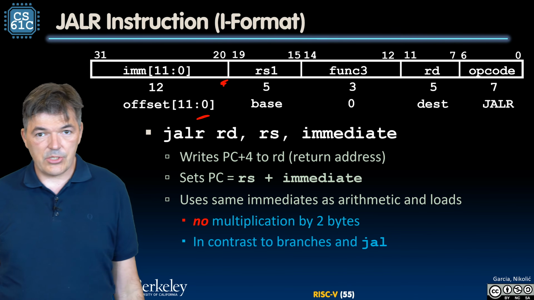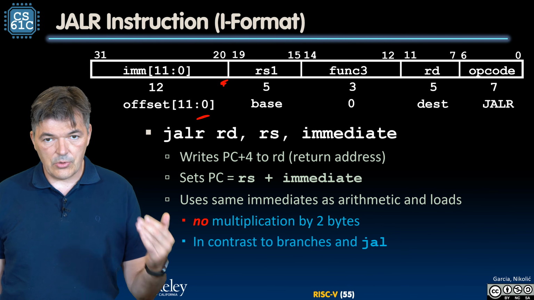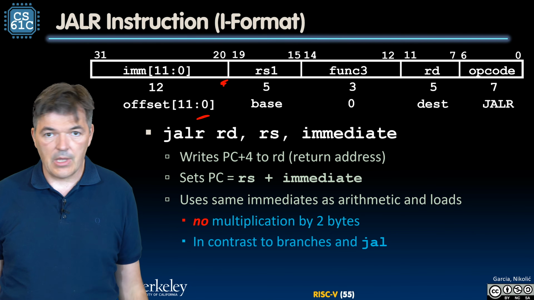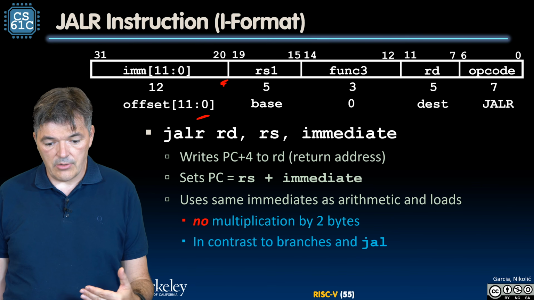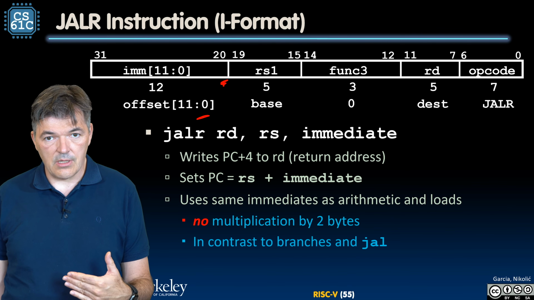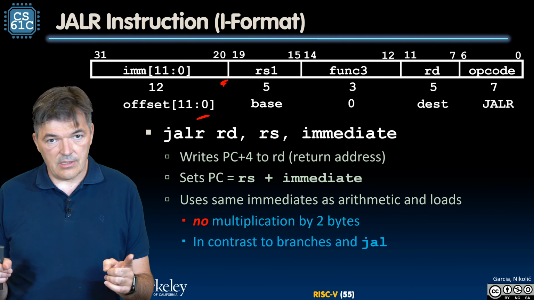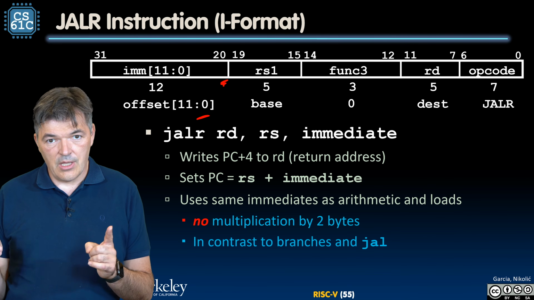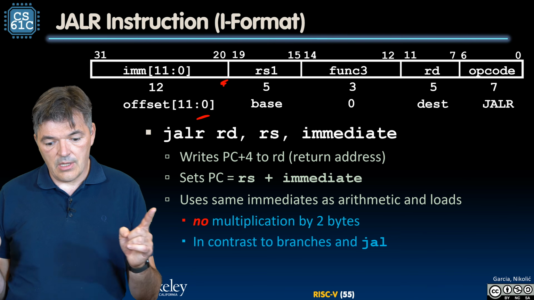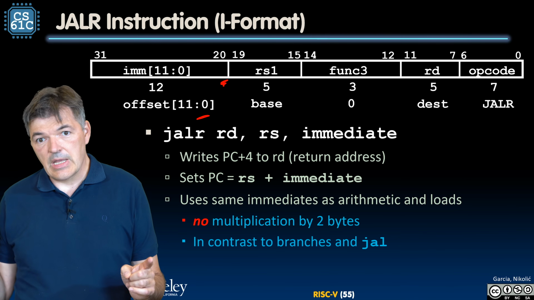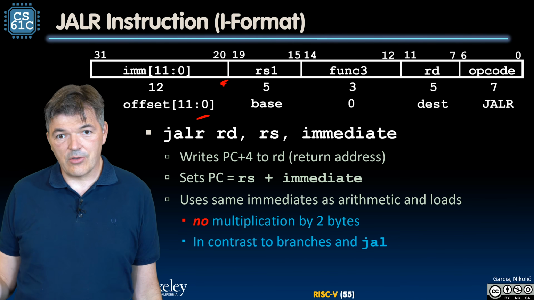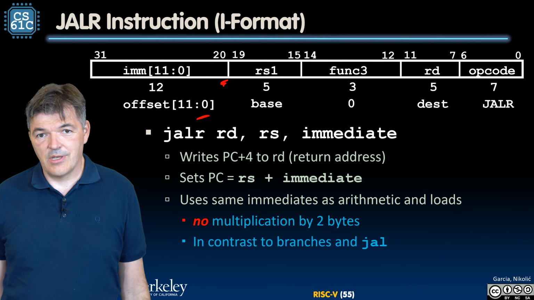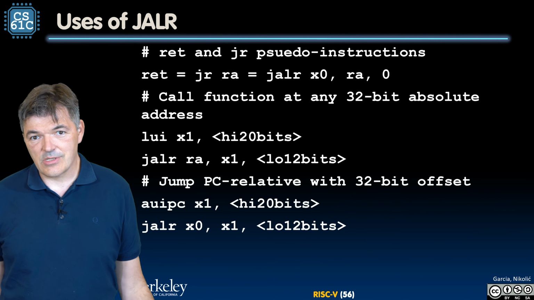So there is no multiplication by 2 bytes, so our range is a bit reduced. Just keep that in mind. So the way it does it, it calculates a sum of the sign extended immediate, like we always do in the I format. So we sign extend the immediate, add it to the source register, and then by convention we always set the least significant bit to 0, such that we always jump to even addresses.